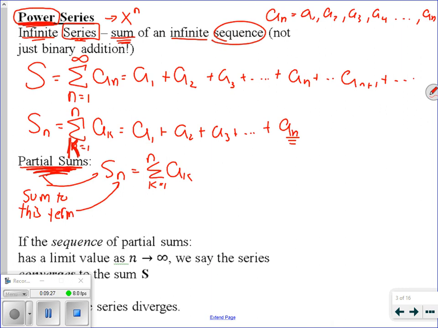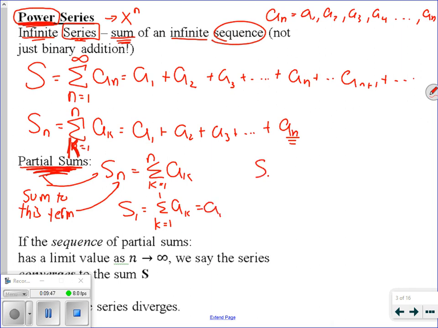So for instance, if I were to say S sub 1, that means take the sum of the first term, k equals 1 to 1 of a sub k, which literally would just be a sub 1.